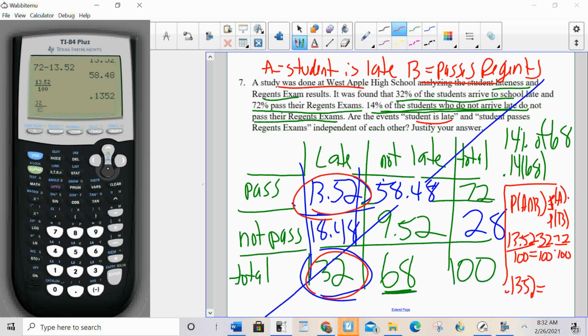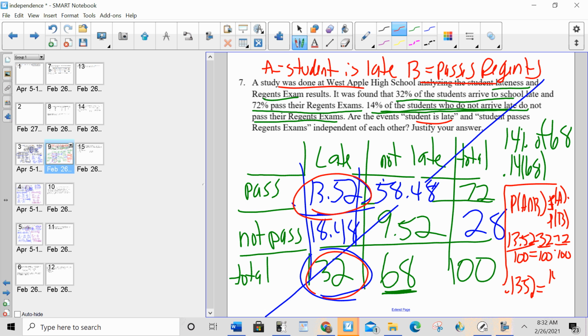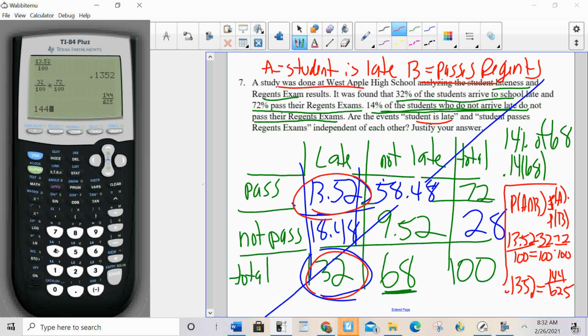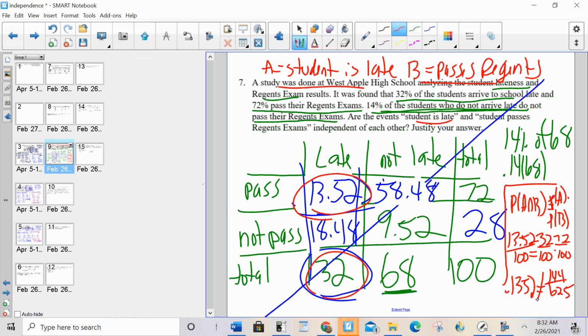I got 144 over 625. I don't think they're going to be the same, but I can double check by doing 144 divided by 625. That is not 0.1352. They are not equal, so it's not independent.